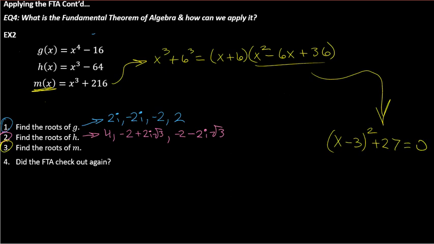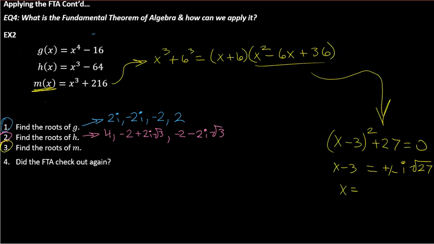Okay, so then my factors are going to come from me actually doing this. So this is going to be x minus 3 is equal to plus or minus i times the square root of 27. And I'm skipping a whole bunch of steps here. Then I can go ahead and factor this further.